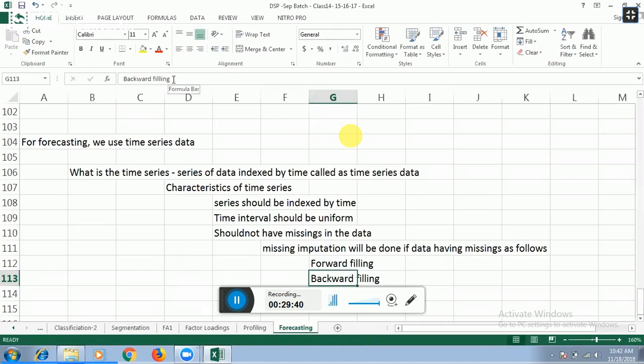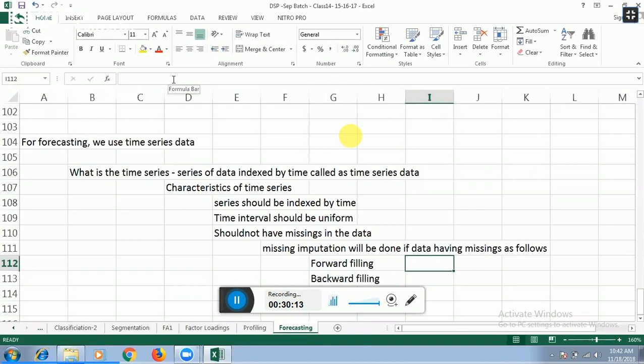Backward filling means the reverse. Suppose you have data from January 2017 to October 2018, but a value is missing in February 2017 or maybe March 2017. Now you don't have enough data points before it, so in that situation we make use of the March and April data and try to fill it with some value.